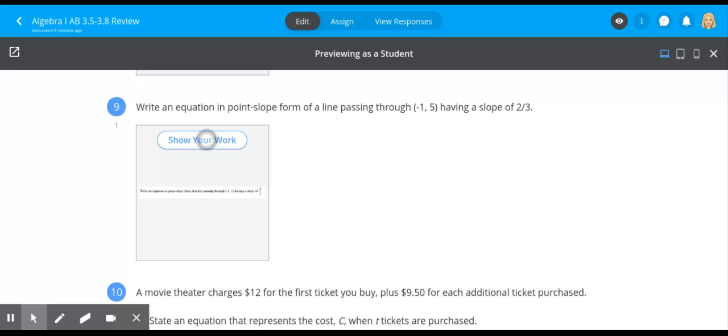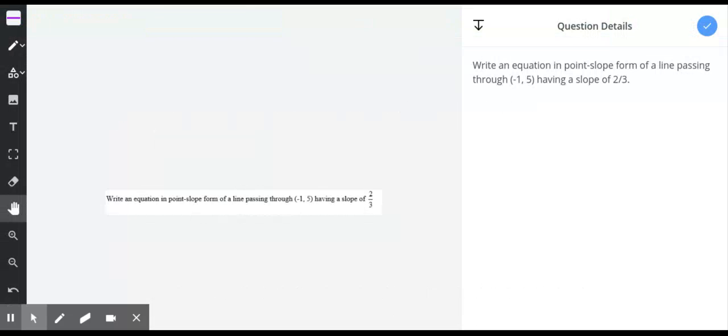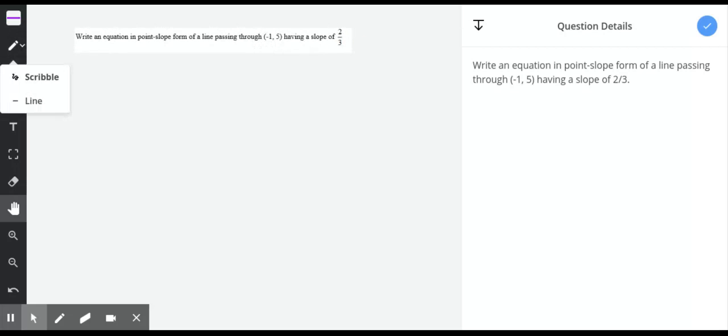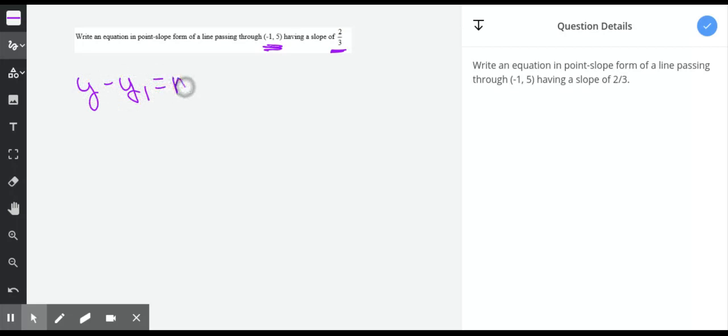Question number 9 is to write the equation in point slope form of the line passing through the point negative 1, 5, and with a slope of 2/3. So point slope form is y minus y1 equals m parentheses x minus x1.